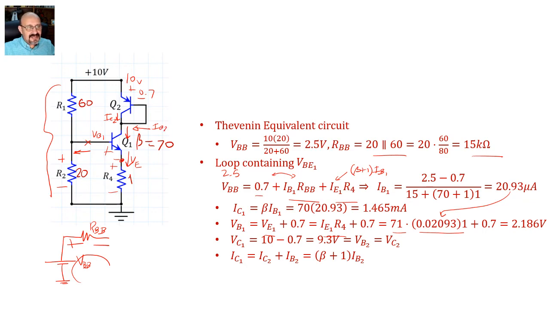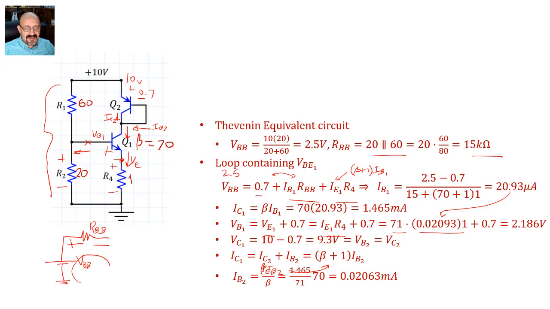And we know that IC2 is beta IB2, so we can factor IB2 and find our base current of 20 microamps, or 0.0263 milliamps. With that, we find the voltages in collector 1 and collector 2, because they are equal.